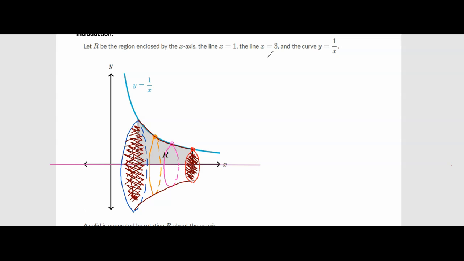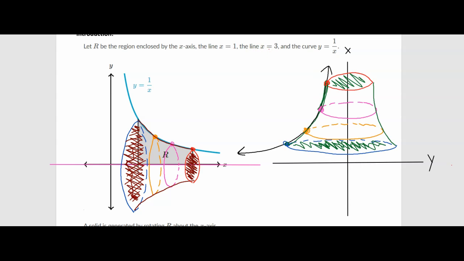Let me turn this around for you. So let's just rotate the plane here. I just rotated it 90 degrees in the counterclockwise direction just to show you another perspective of it.